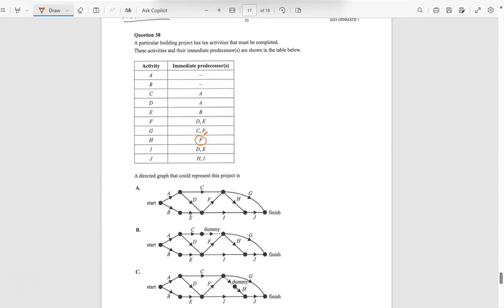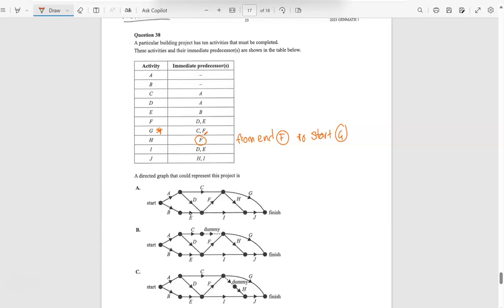Now remember, when we have a dummy, we know it's from the end of F to the start of where you see the double one, so to the start of G. So you know that for a fact.